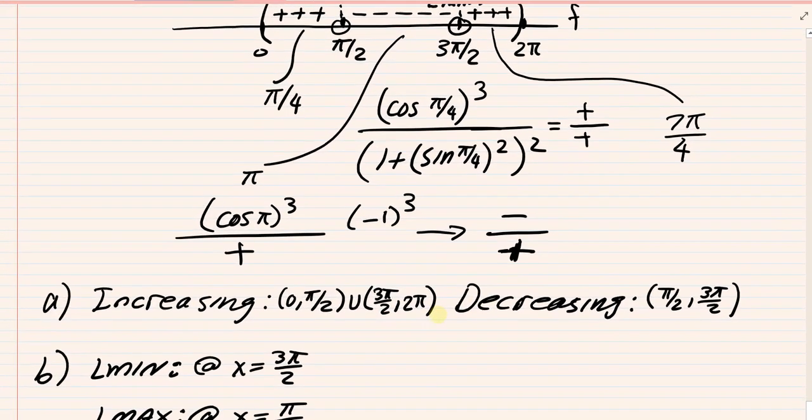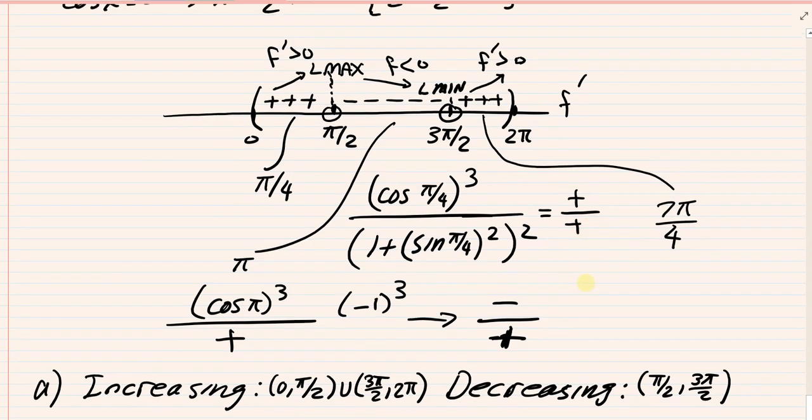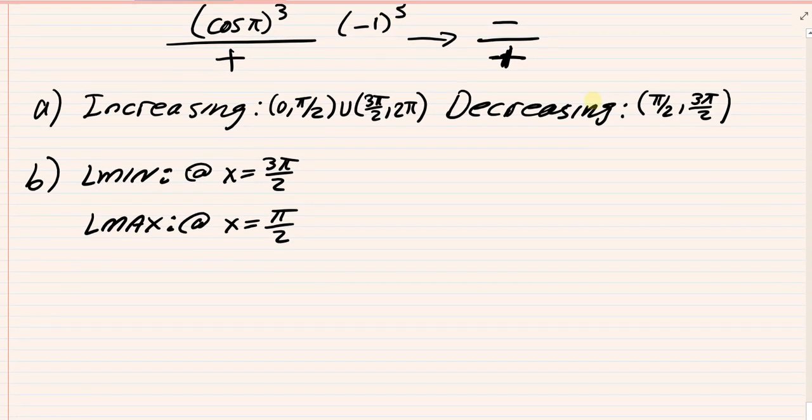Sometimes my note just goes berserk. Okay, pi over 2 max, 3 pi over 2 min. Yeah, so just now remember, these are not the values. This is where it happens. So I need to do f at 3 pi over 2 and later f at pi over 2.